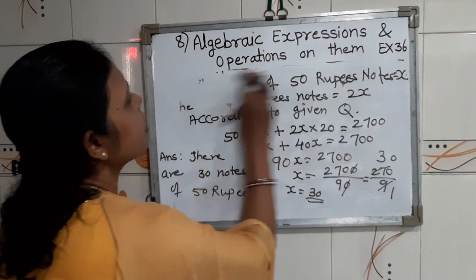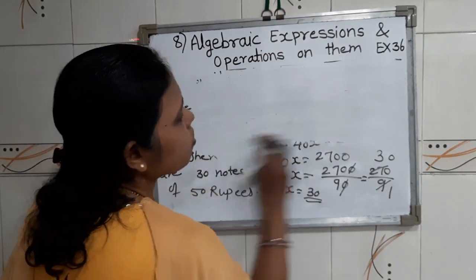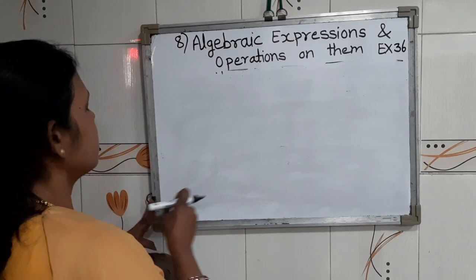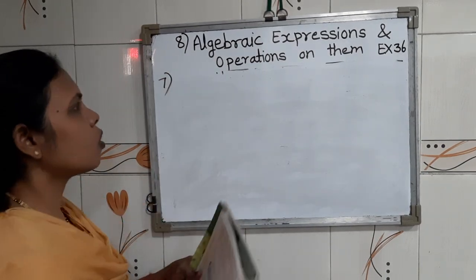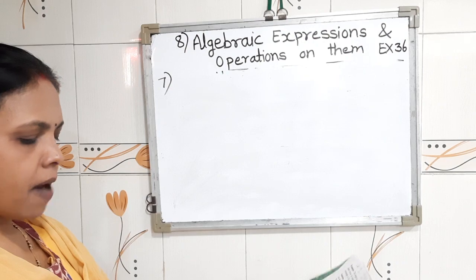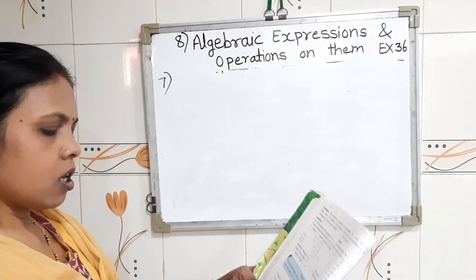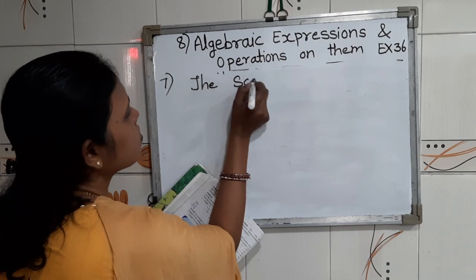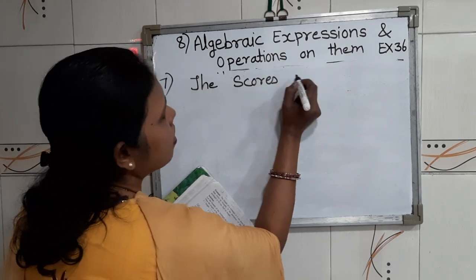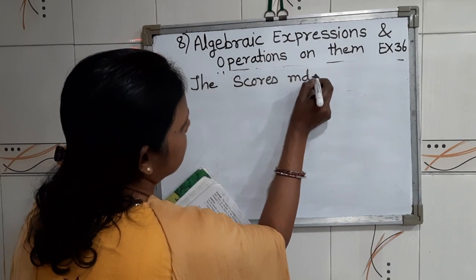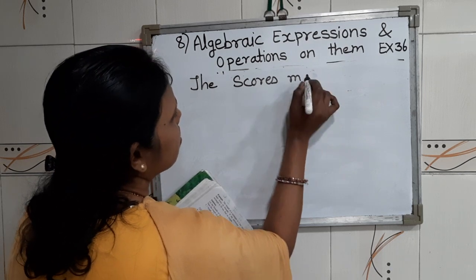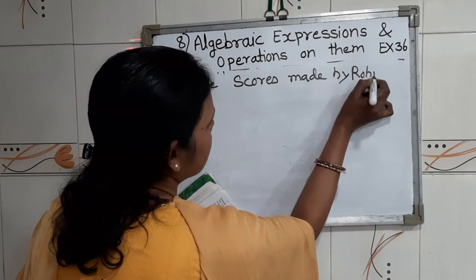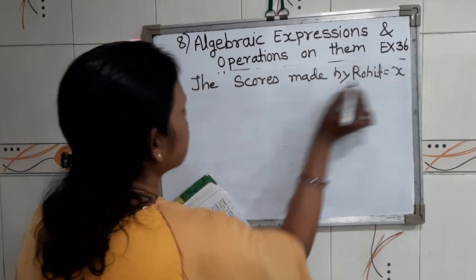Question number 7 is given. The score made by Rohit equal to x.